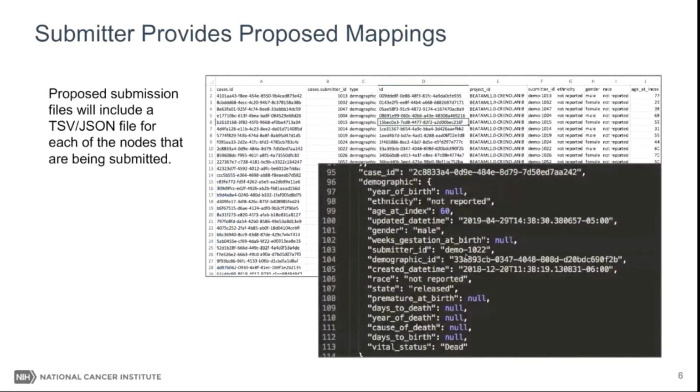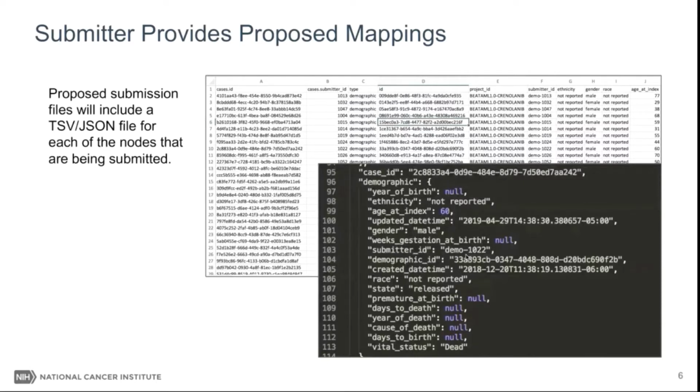And so this is a file that we received from Beat AML, one of our studies for leukemia. This is one of several files that they provided us. This one we didn't have any issue with. They did it on their own, and it was ready for submission right away. They submitted several files, and we had some back and forth on others.